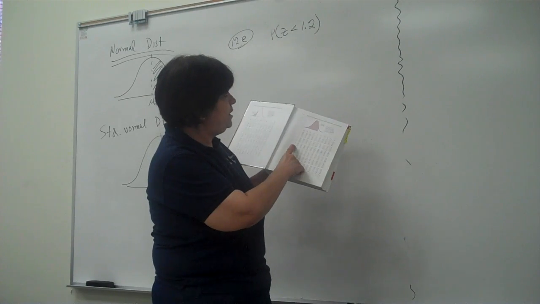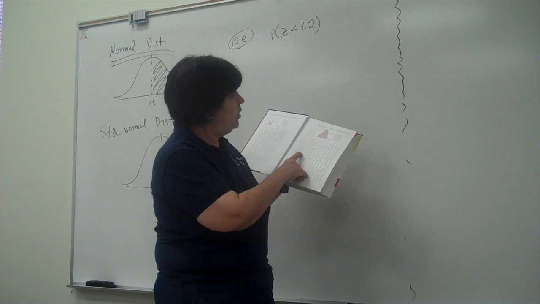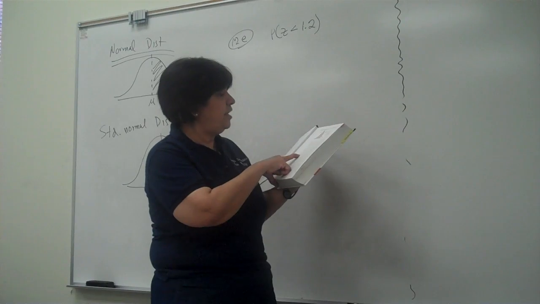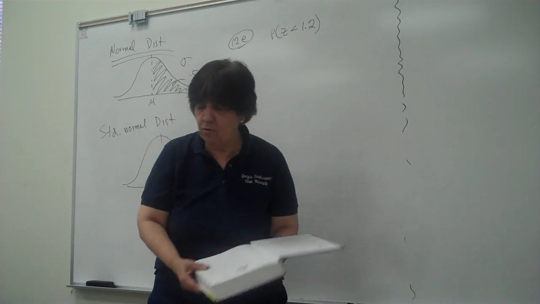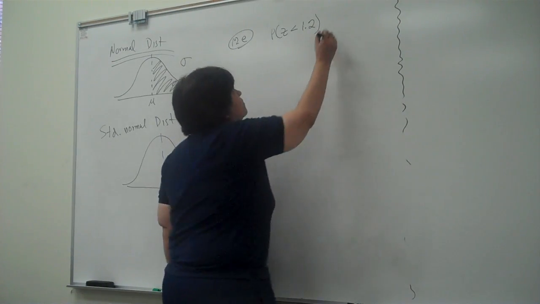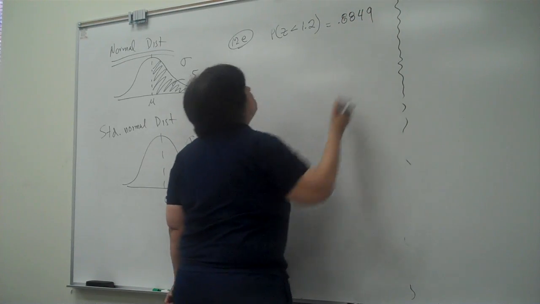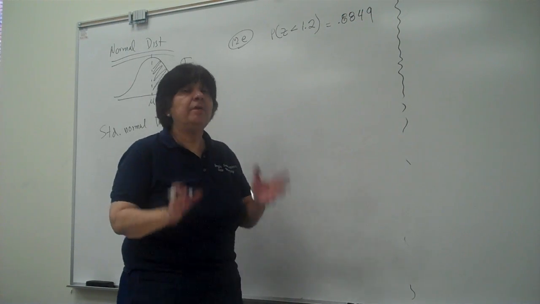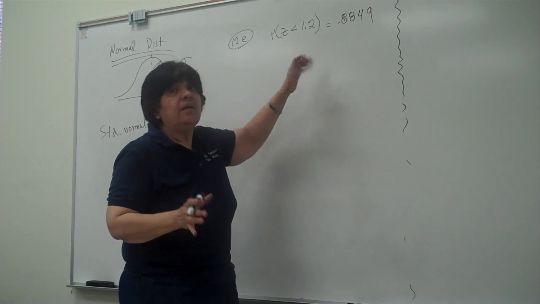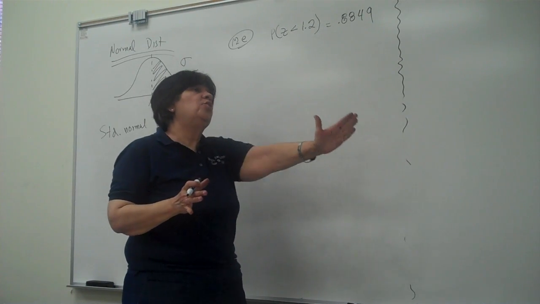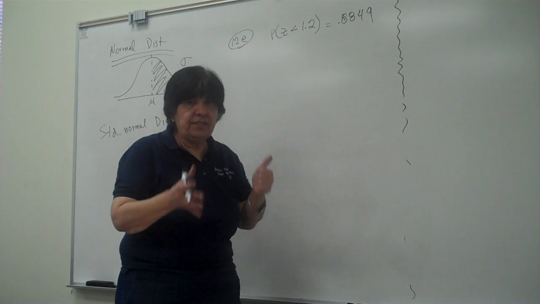The probability then is 0.8849, because the table gives the areas on the left side of the z.